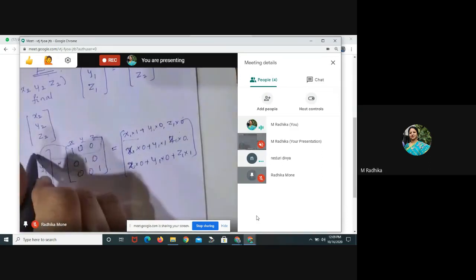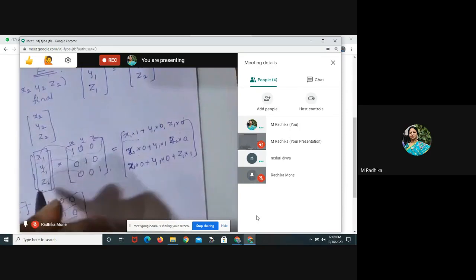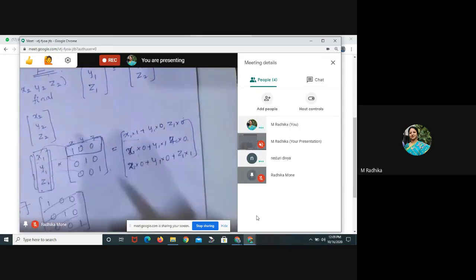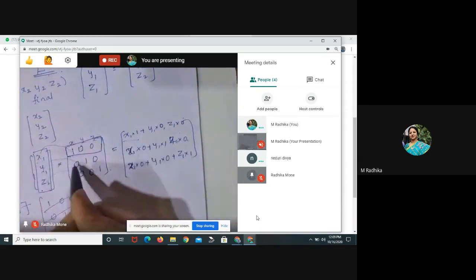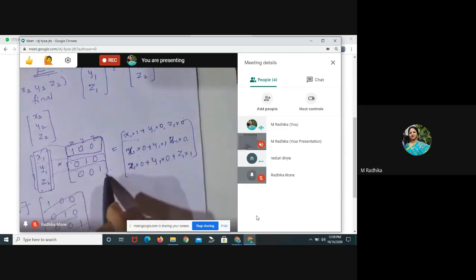So this is the column. This is 0 for the first one. Now this is the column and this is 0 for the second one. This is the column and this is 0 for the third one.